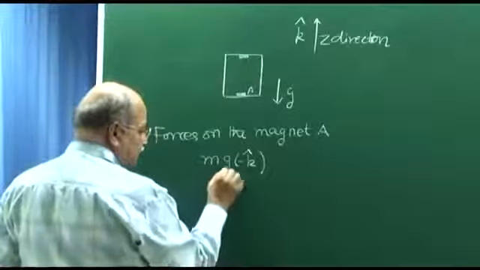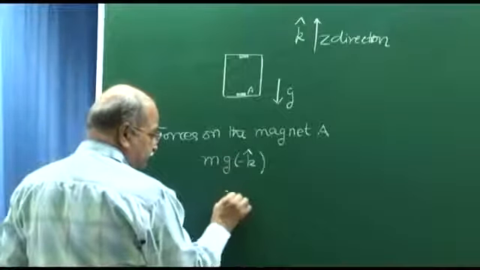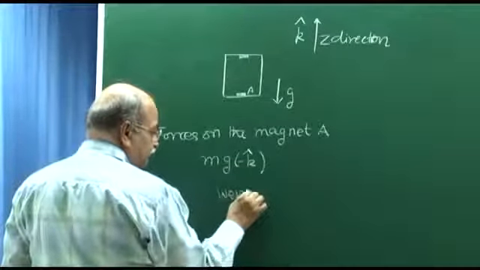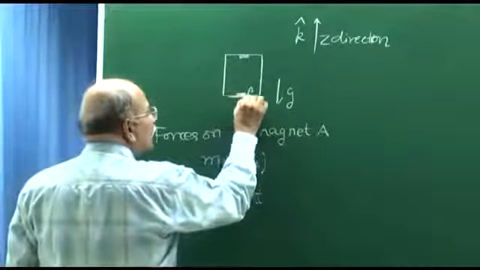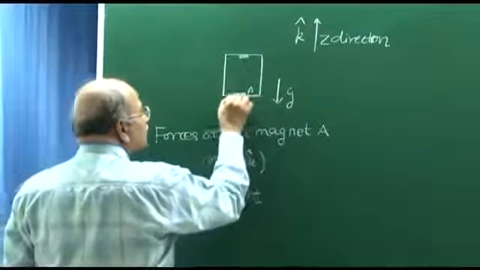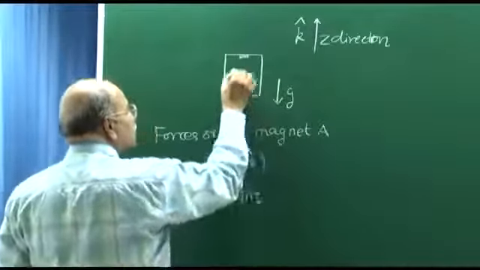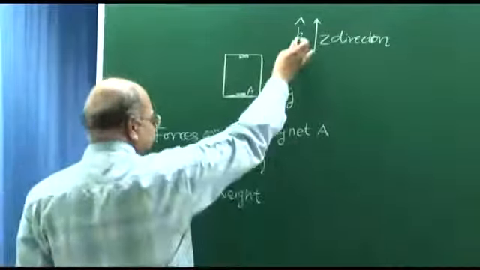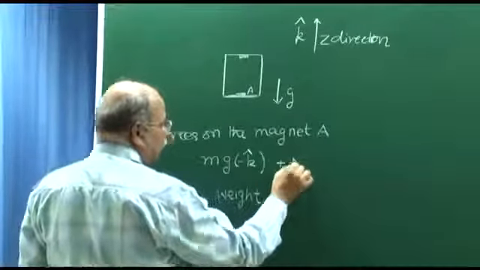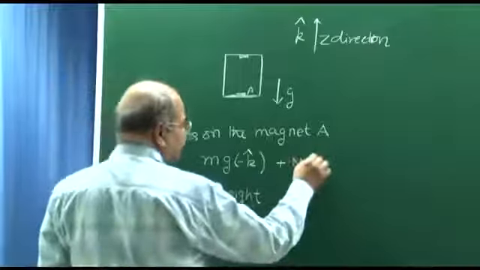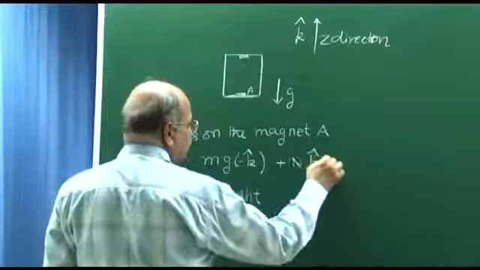This is the weight. Then I have the normal reaction force from the bottom. That force will be in the upward direction, so you can write that as N k cap.